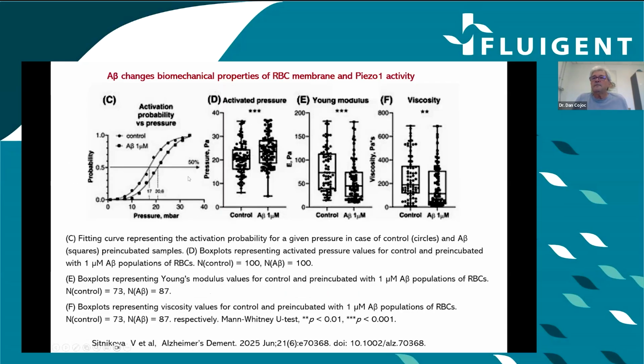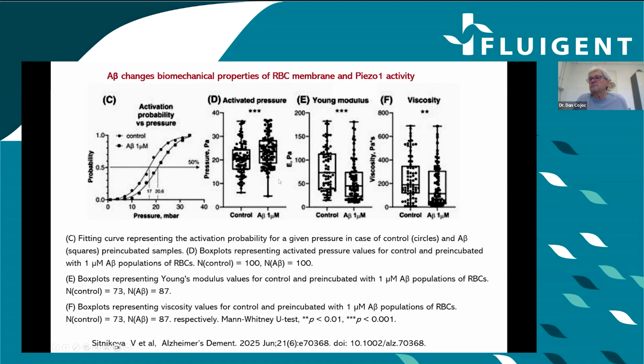Okay, so briefly, what we observed. We observed that the activation probability for a given pressure in the case of control and amyloid beta pre-incubated samples is different. And we observed that the difference is significant, and when the cells are treated with peptides, the pressure for activation is increased.